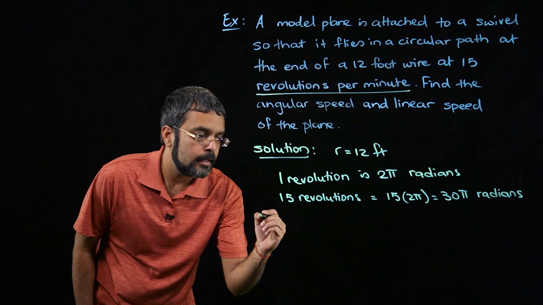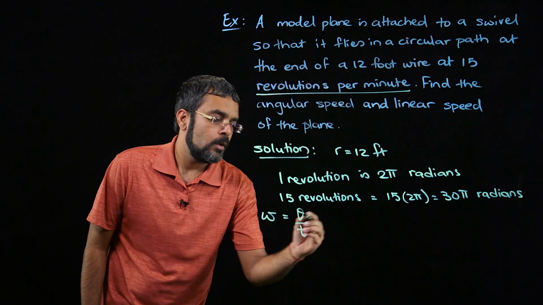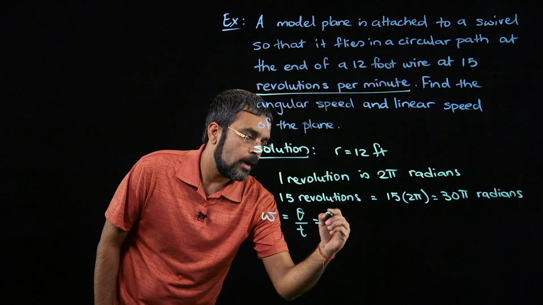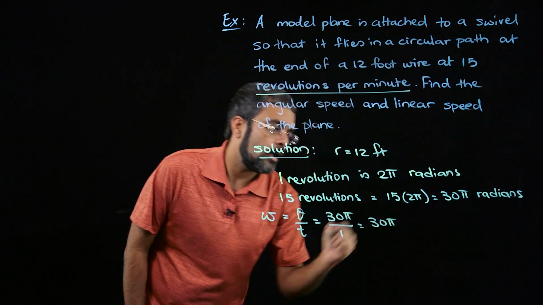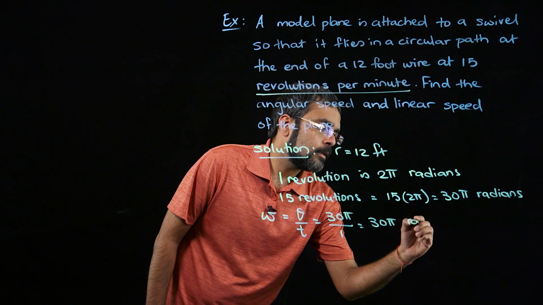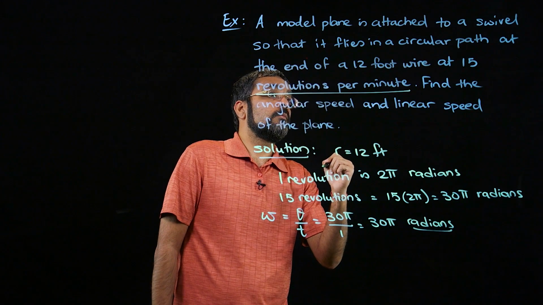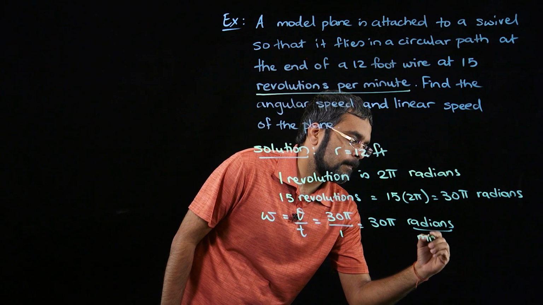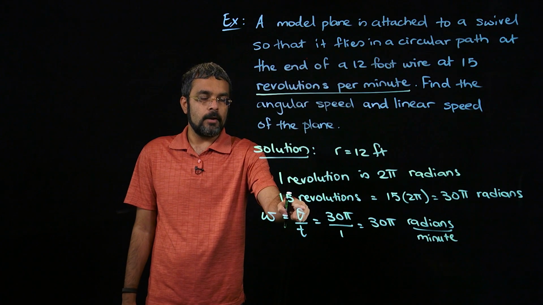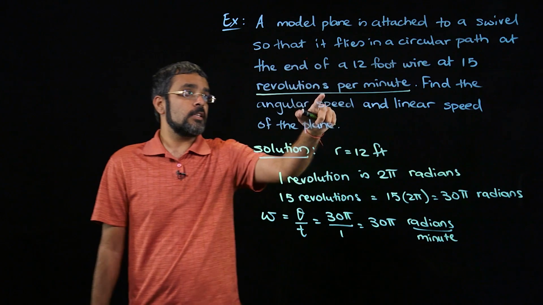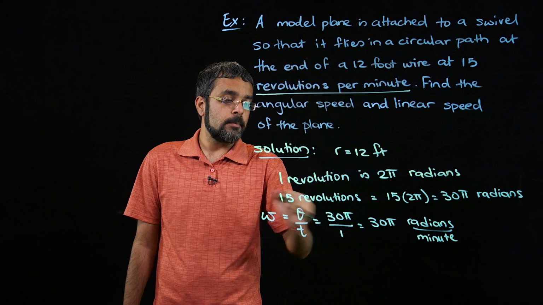My angular speed omega is going to be theta over t, where that's going to be 30 pi over 1, which is 30 pi radians per minute. Okay, so that's my angular speed. That's the change in angle per minute, right? The angle change is 15 revolutions per minute or 30 pi radians per minute.